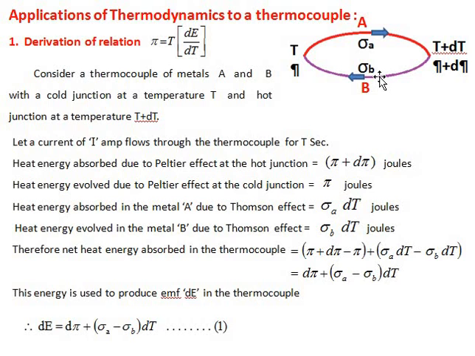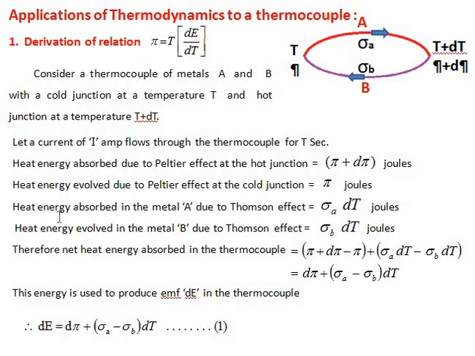Let us see. Consider a thermocouple of metals A and B with a cold junction at temperature T and a hot junction at temperature T plus dT. Let a current of I ampere flow through the thermocouple for t seconds. Heat energy absorbed due to the Peltier effect at the hot junction is equal to pi plus d pi joules, and heat energy evolved due to the Peltier effect at the cold junction is equal to pi joules.